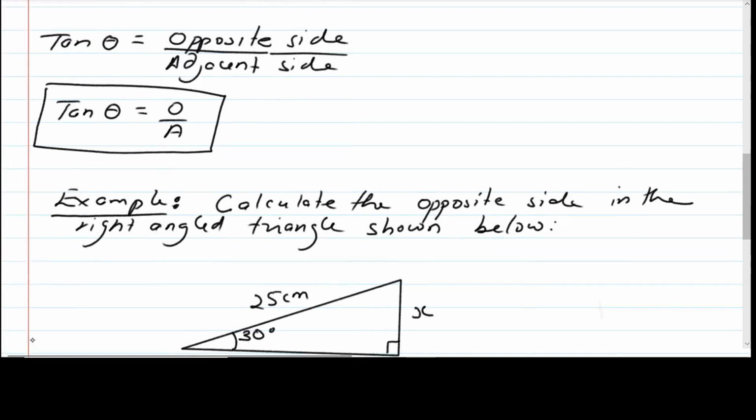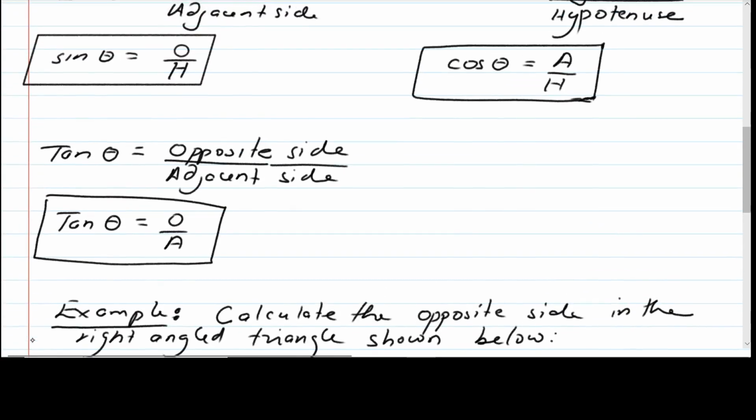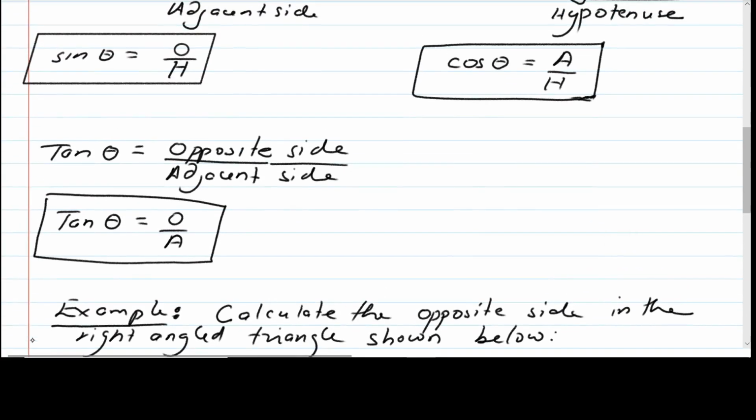Now I have three different rules to actually choose from. One is sine theta is equal to opposite over hypotenuse, cos theta is equal to adjacent over hypotenuse, and tangent theta is opposite over adjacent.